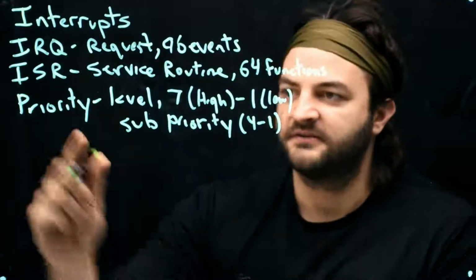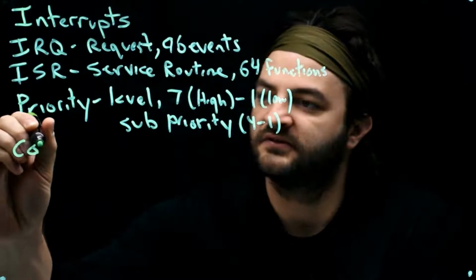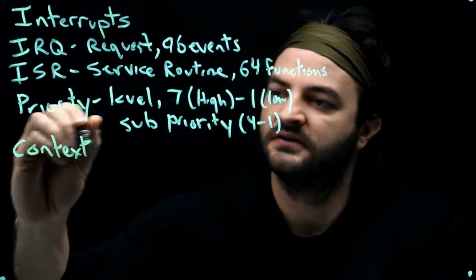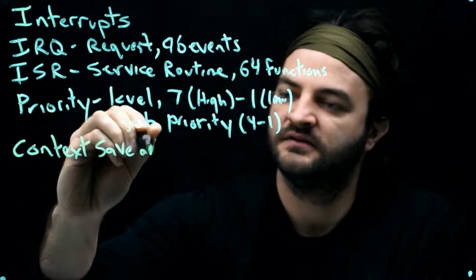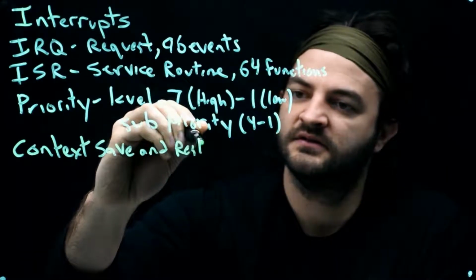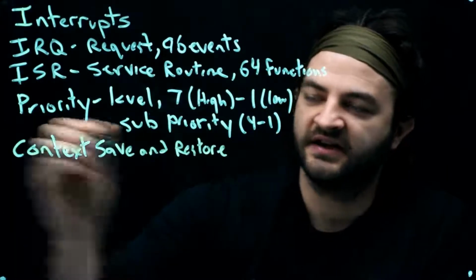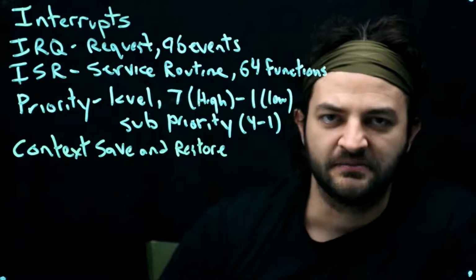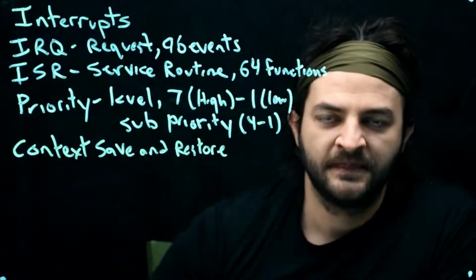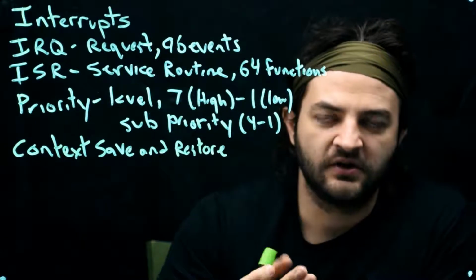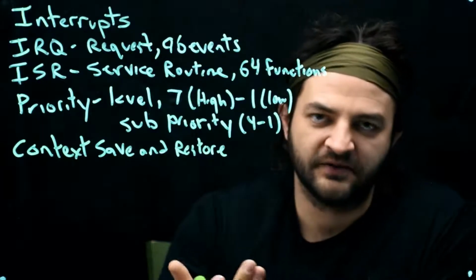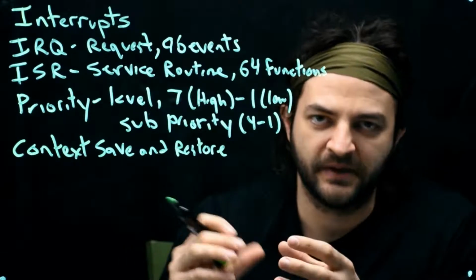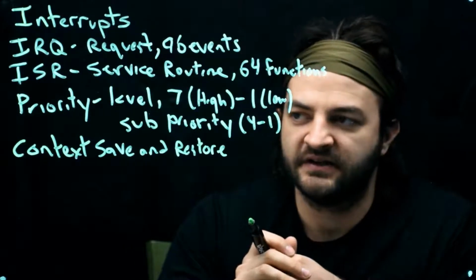Then there's the concept of context save and restore. The word context means, what are we doing at the moment this interrupt occurs? So the CPU has its own core registers. There aren't many of them, but it's got its own little bits of local memory. You could think of it as like the cache.